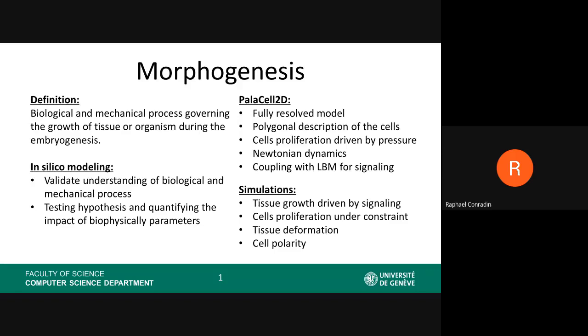The cell boundaries are moving following a Newtonian dynamics, and we have some coupling with LBM for the signaling. And we are interested in tissue growth driven by signaling, cell proliferation under constraints, tissue deformation, cell polarity, and stuff like this.